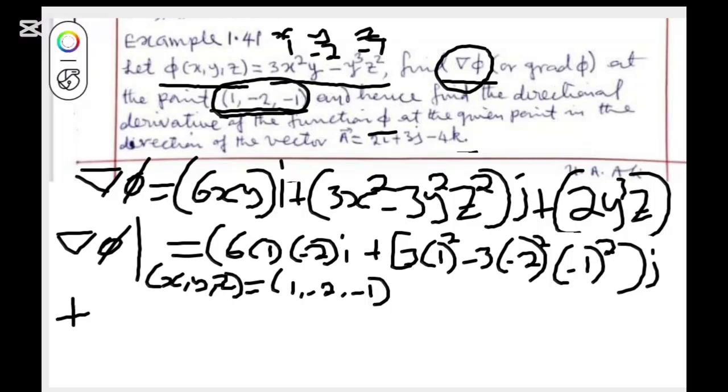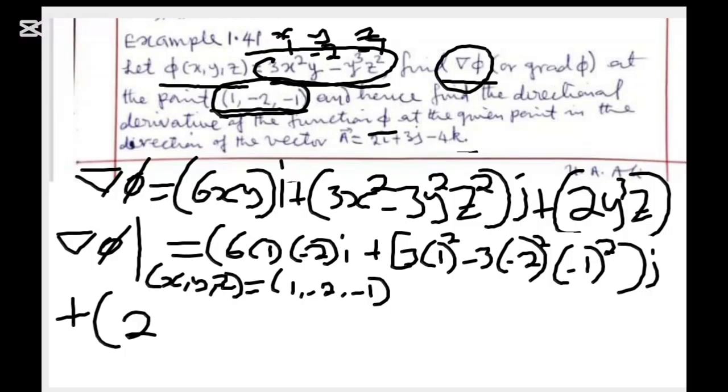Moving to k, I have 2. There is one thing that I need you to know. From this, 3x squared y minus y cubed z squared, by the time that we are differentiating with respect to z, this first part should now become 0, and at the end we are left with only this.